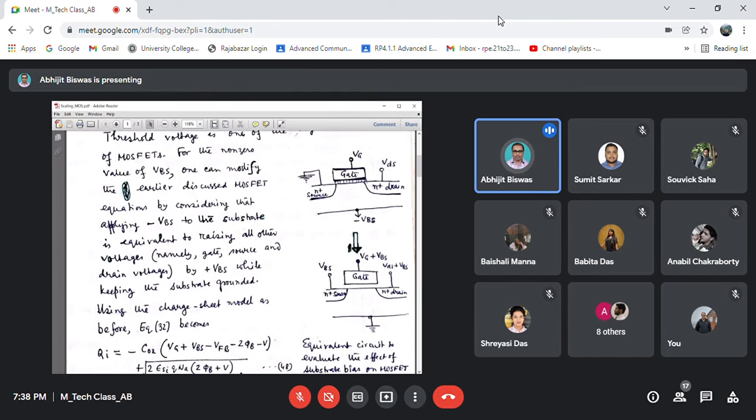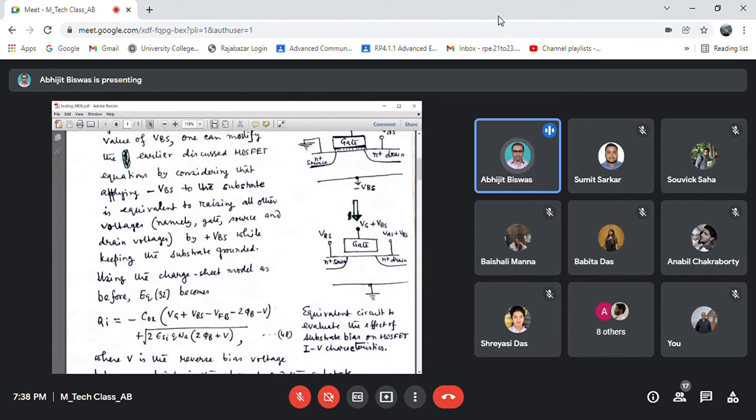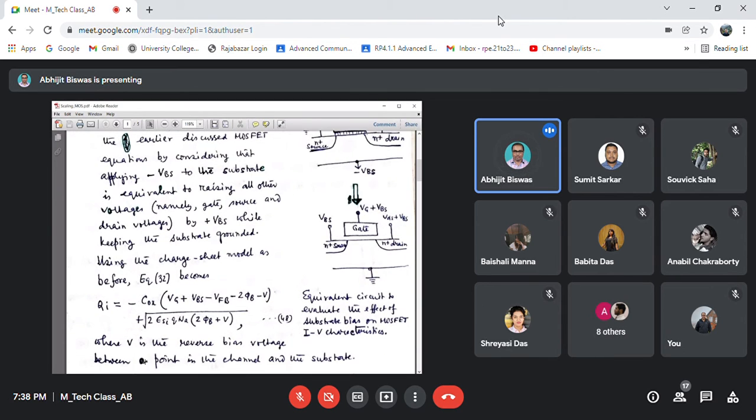Now this structure is useful so that you can use the earlier derived equation. If we look at equation number 32, this inversion charge density, calculated using the charge sheet model, is equal to minus COX times (VG plus VBS minus VFB minus 2phi minus V) plus the root of twice epsilon silicon q Na times (2phi plus V).